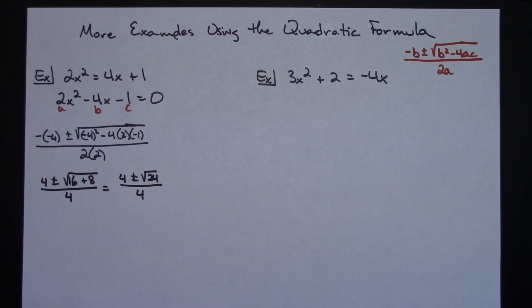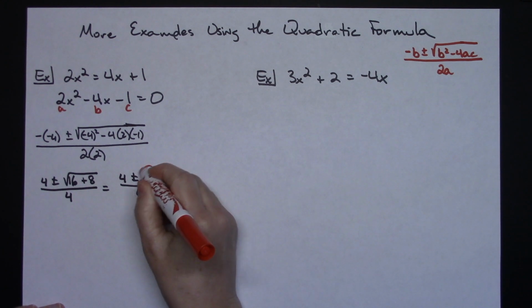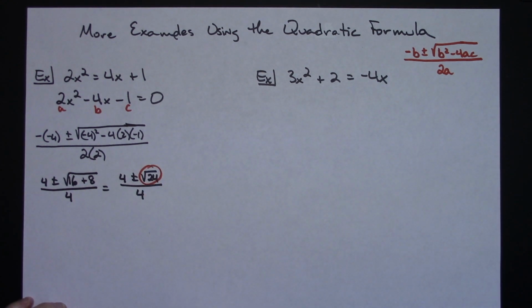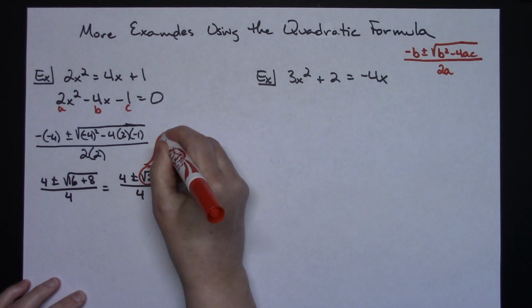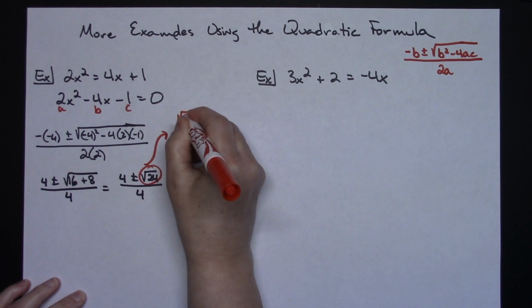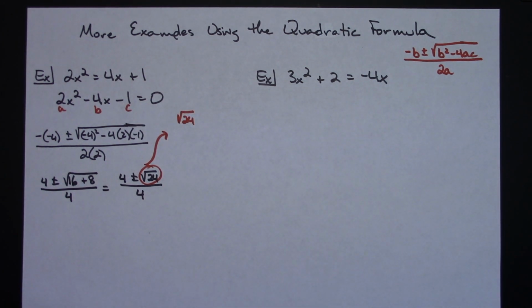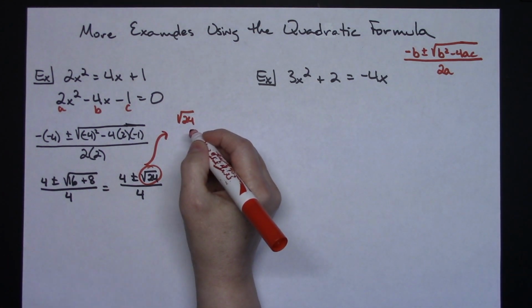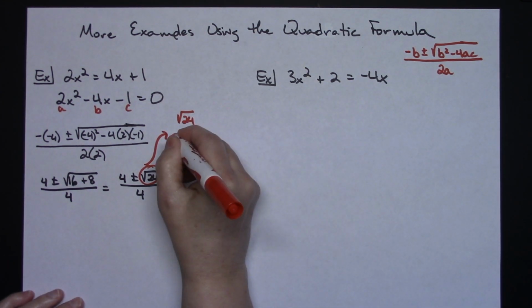Now at this point, depending on what your class is, some might recommend taking a calculator and getting your decimal approximations here. But what we're going to do instead is take that radical and simplify it the way we simplify radicals. So square root of 24, we're going to break it up with a little factor tree, trying to come up with the biggest perfect square that goes into 24, which is going to be 4.